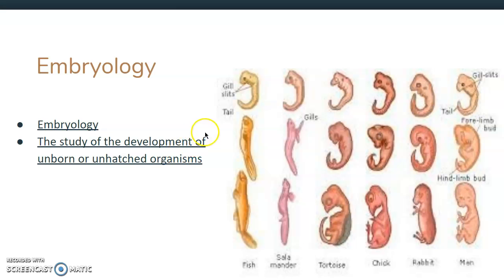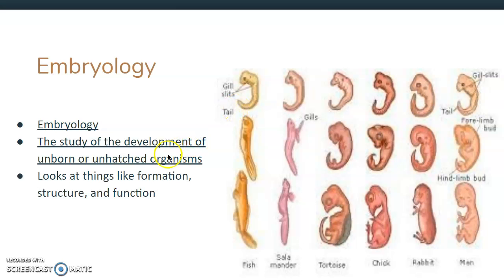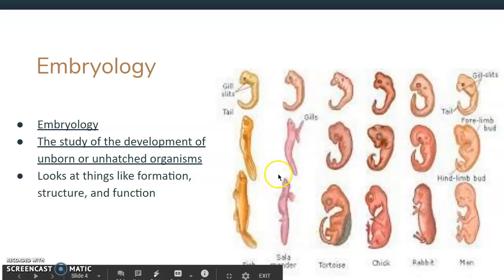Let me backtrack. Embryology looks at things like formation, structure, and function of each embryo inside. We have some good examples of different ones: a fish, a salamander, a tortoise, a chick, a rabbit, and a human.